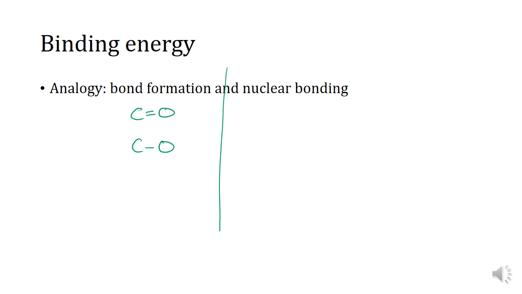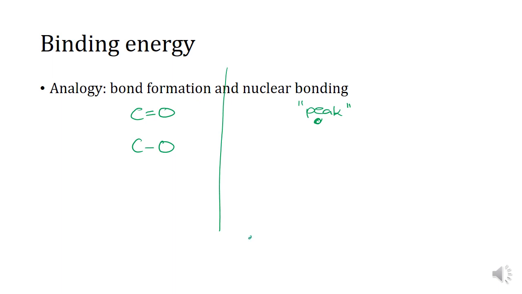As our nucleus becomes stronger, its binding energy increases. And you'll see on the next two slides, I've inserted graphs, but basically we've got our peak, that most stable nucleus.